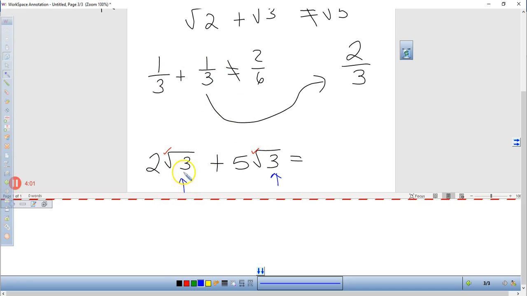These have to match. If the radicals match, we add the stuff in the front, or subtract depending on what operation we're performing. We would add these in this case. That's going to give me 7 square root of 3. So rule number 2: radicals must match.